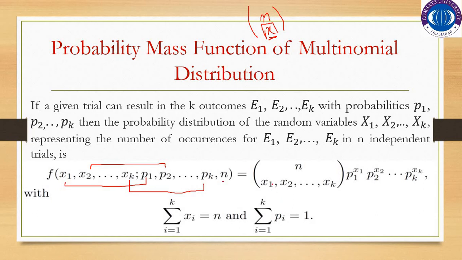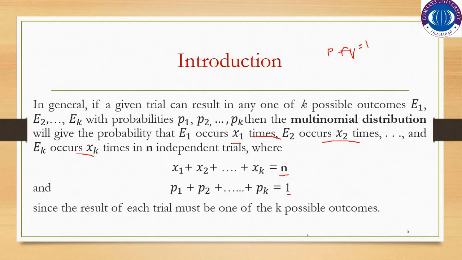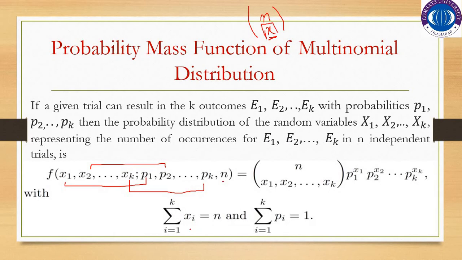So we are considering each category here, x1, x2, xk, and p1 raised to power x1, p2 raised to power x2, and so on, pk raised to power xk, where the sum of xi is equal to n and the sum of pi is equal to 1. This is the same as we have defined here.